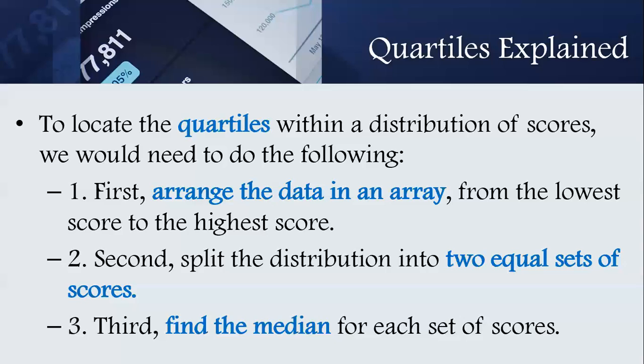To locate quartiles within a distribution of scores, we would need to do the following. First, arrange the data in an array from the lowest score to the highest score. Second, split the distribution into two equal sets of scores. And third, find the median for each set of scores.